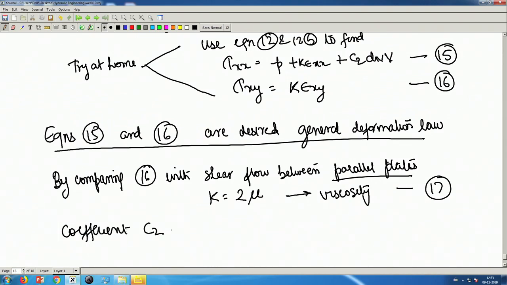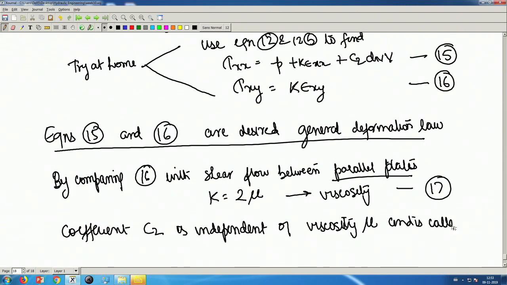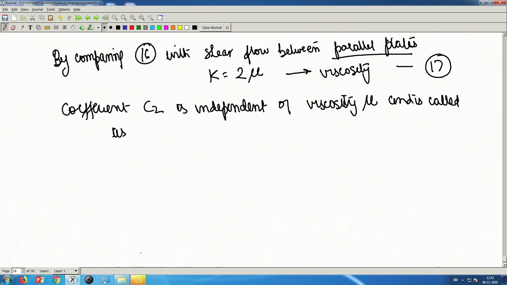The coefficient C2 that we have mentioned before is independent of viscosity mu and is called the second coefficient of viscosity.